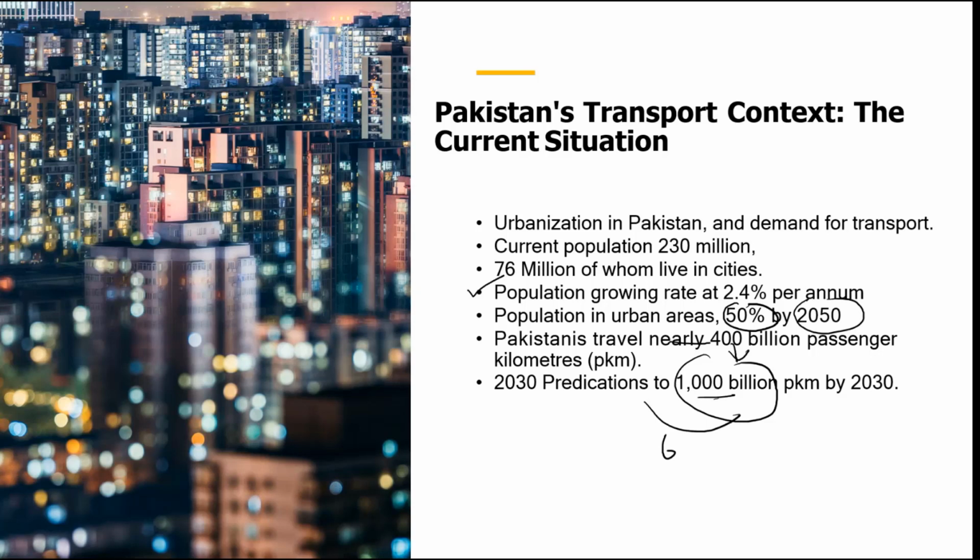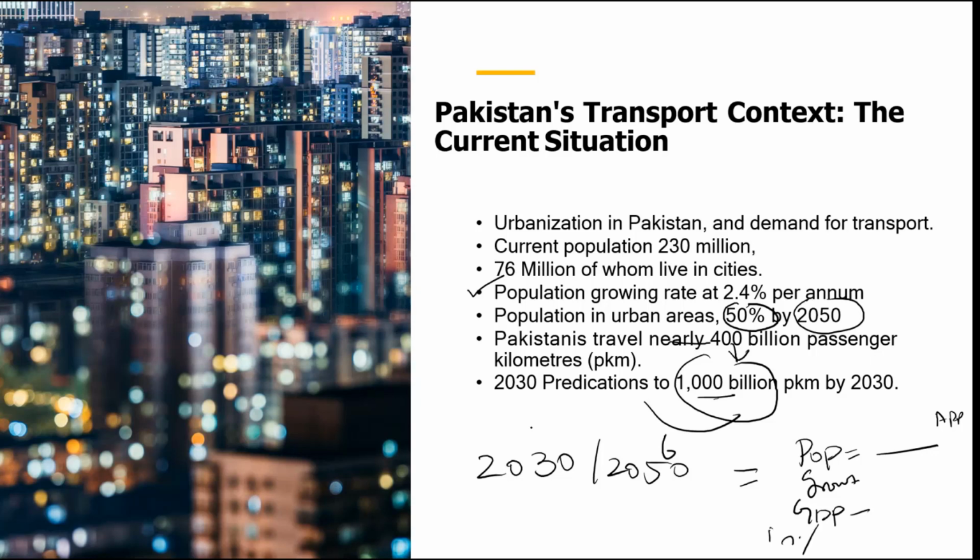Because if we do not have a very clear picture, we might not be able to plan. It's a very simple example: if we are trying to plan for the year 2030 or 2050, and we don't know approximately how much the population will be, what the growth rate is, what the GDP will be, what the income per capita will be.